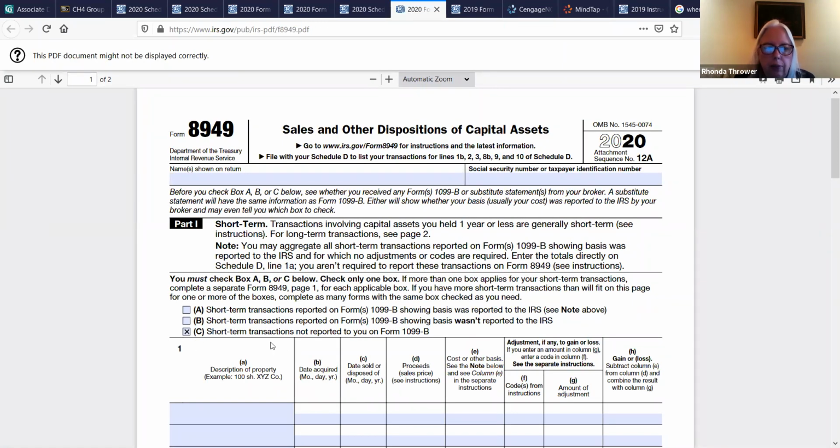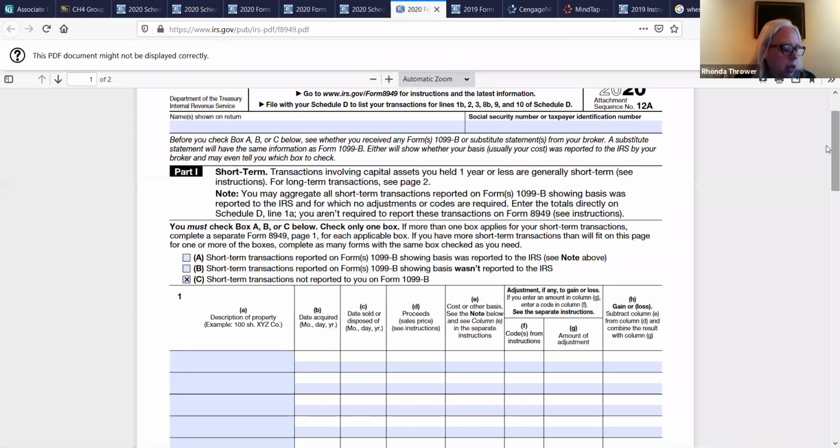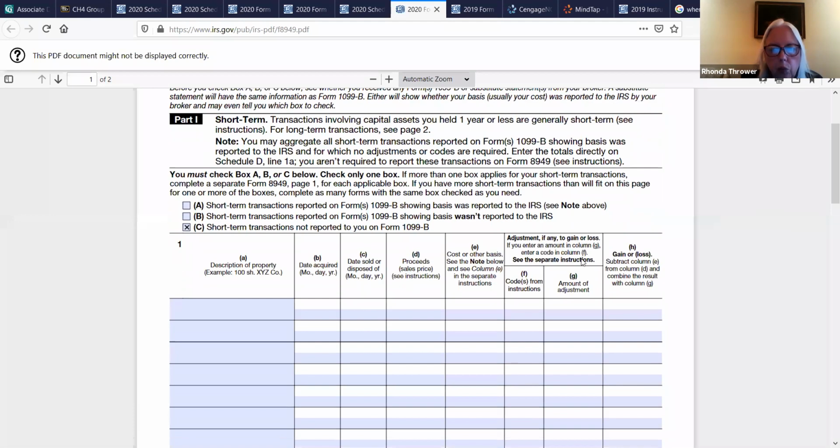We showed that in C. And then for a description of the property, we wouldn't put anything here because we're not selling stocks or anything like that.